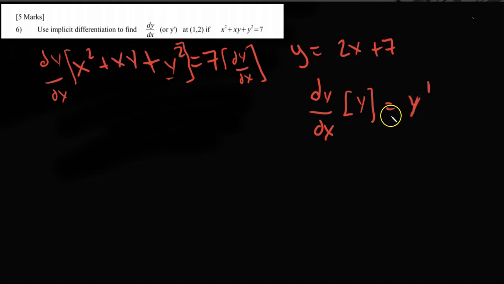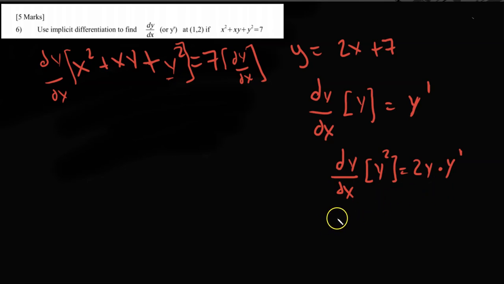Anything more complicated, like y squared, would be the normal derivative of any variable raised to the power of 2, which is 2x. So if the derivative of x squared is 2x, the derivative of y squared is 2y, but when it's a y in there, you have to tack on an extra y prime. So the derivative with respect to x of y is y prime, and the derivative with respect to x of y squared is 2y y prime.